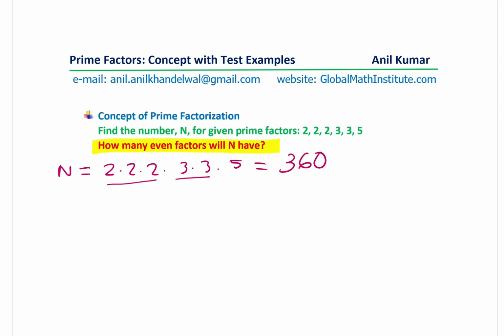As in the previous case, we got the same answer, n equals 360, as expected, since we have the same set of numbers. However, there is a twist to it. The question now is how many even factors will n have? So it is a question of how many factors. First, let's figure out how many factors.